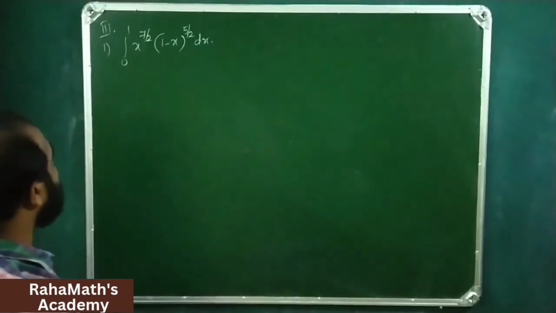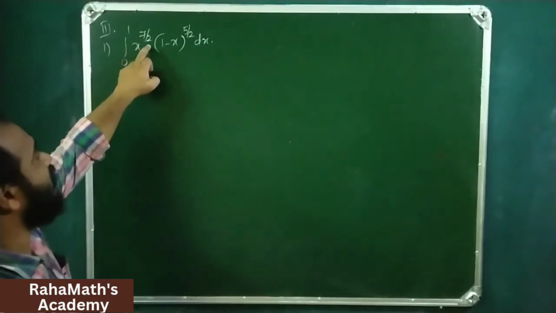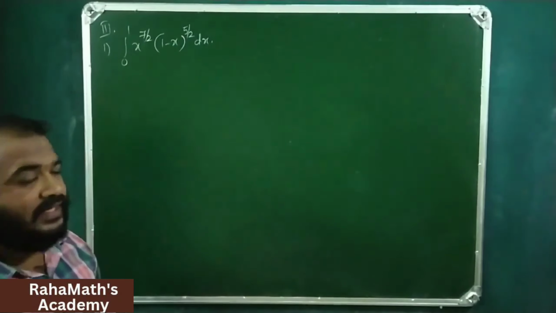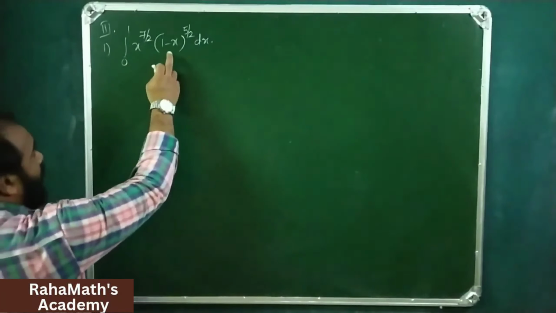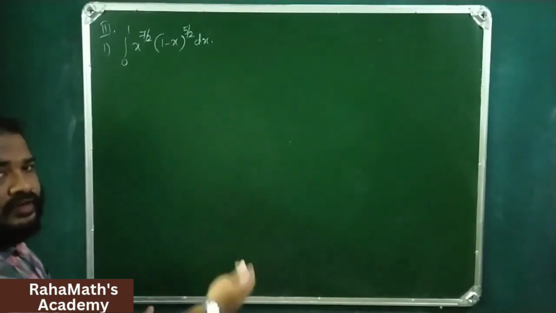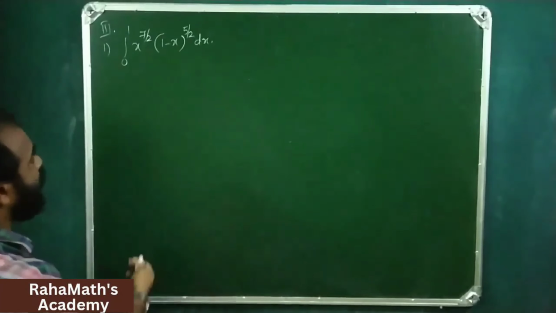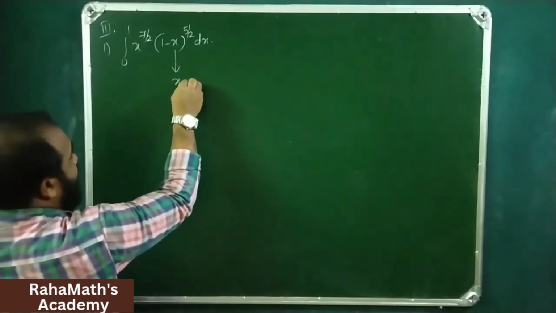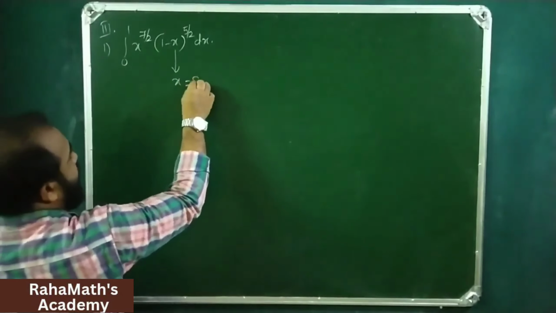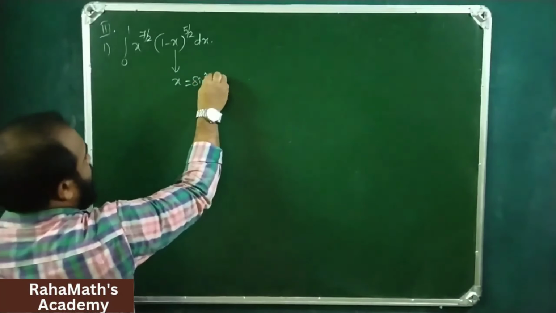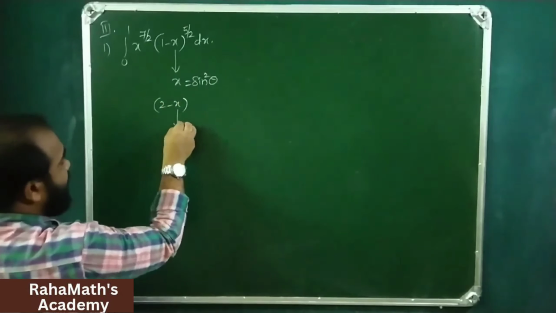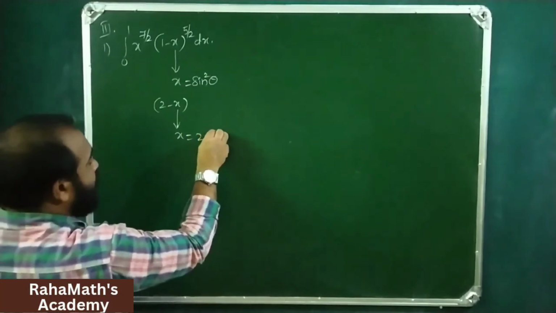The next question is integral 0 to 1 x power 7 by 2 into (1 minus x) whole power 5 by 2 dx. This kind of problem we have done earlier also. If it is 1 minus x, this x is to be taken as 1 sin square theta. If 2 minus x is there, x is to be taken as 2 sin square theta.